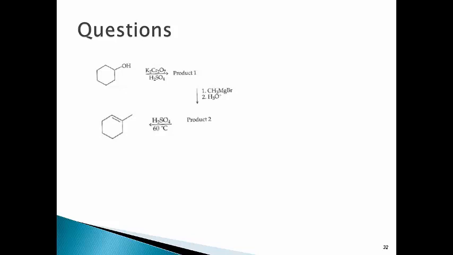It's a secondary alcohol, so the furthest that you can push a secondary alcohol is into the ketone. You then have that ketone available, that carbonyl carbon, to be attacked by your Grignard reagent. Your CH3 minus is going to come in, attack that carbonyl carbon, and you will get a methyl group added, and your carbonyl will turn into an alcohol.